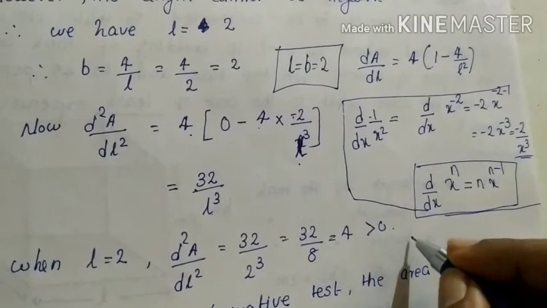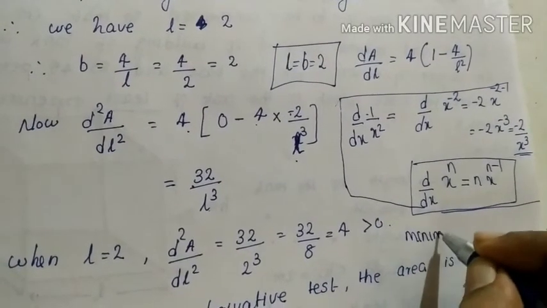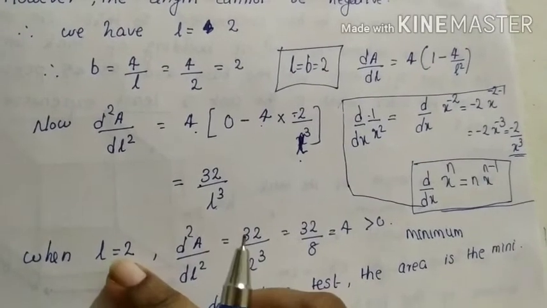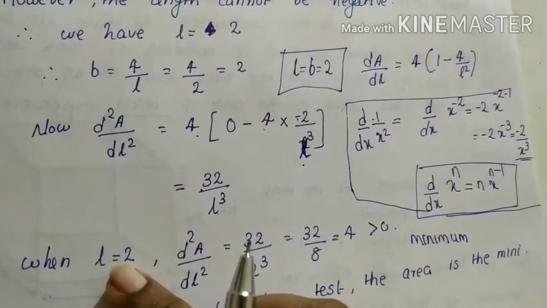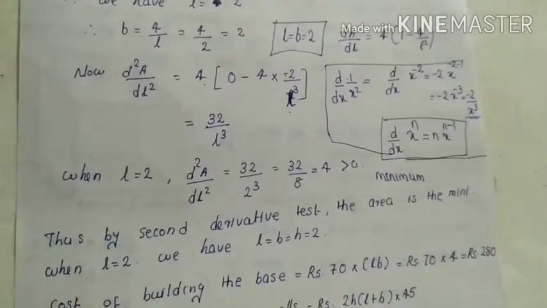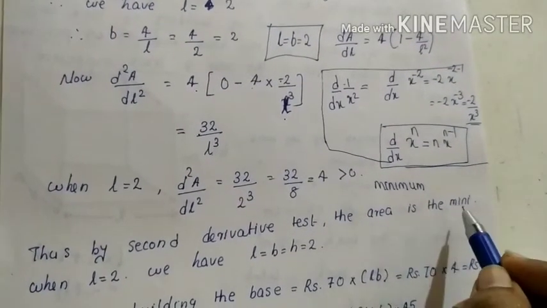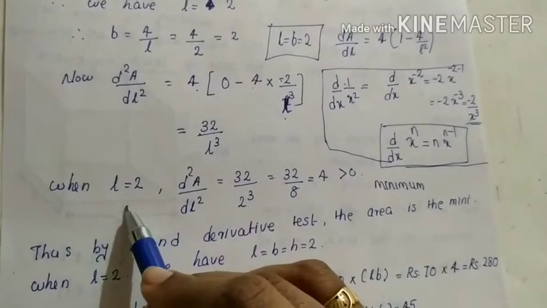That means it gives a minimum value. So L is the point of minimum. Thus we can say that by the second derivative test, the area is minimum when L equal to 2.